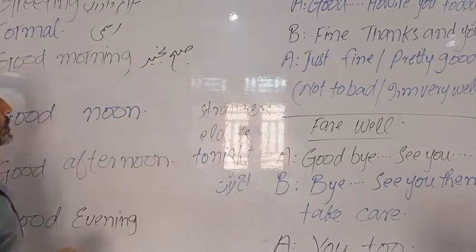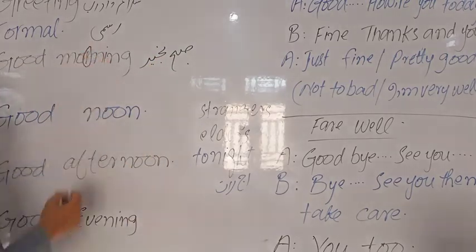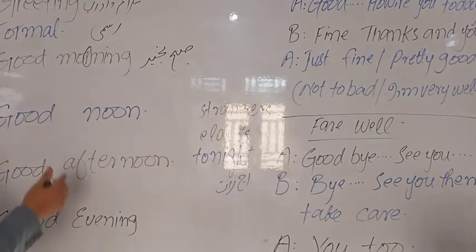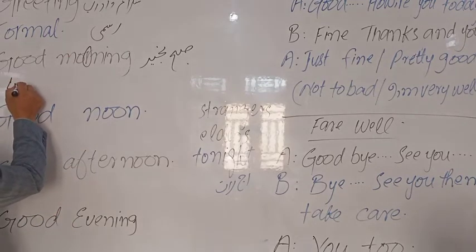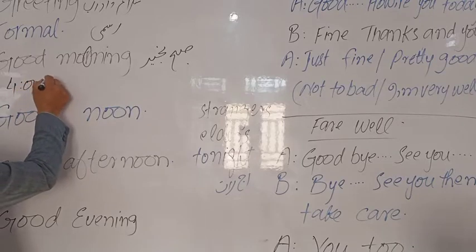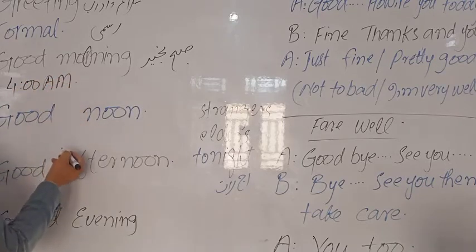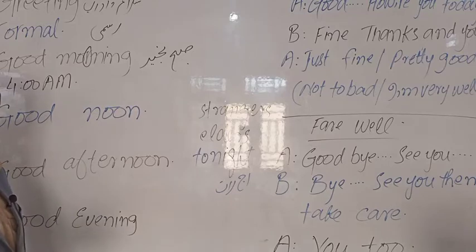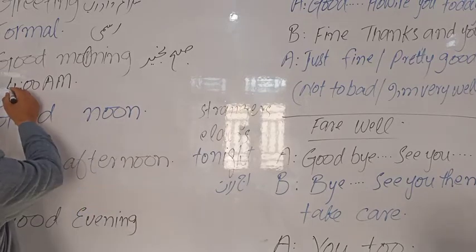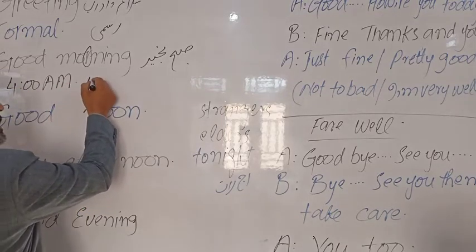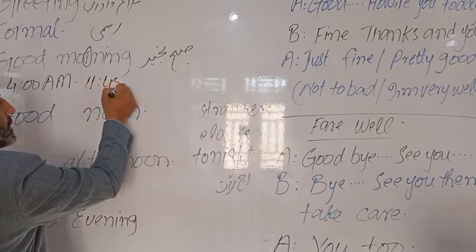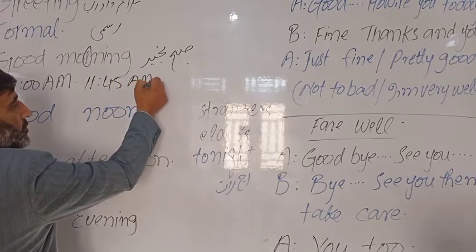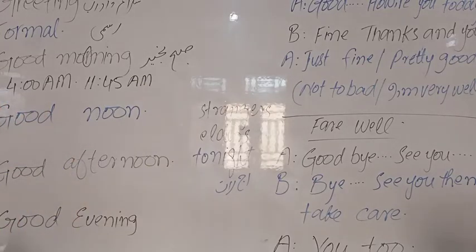Good morning time is usually from 4 a.m., though also from 1 a.m., 2 a.m., 3 a.m., but particularly from 4 a.m. to 11:45 a.m. Now we will explain what is AM and what is PM. From 4 a.m. to quarter to 12 we usually use good morning.